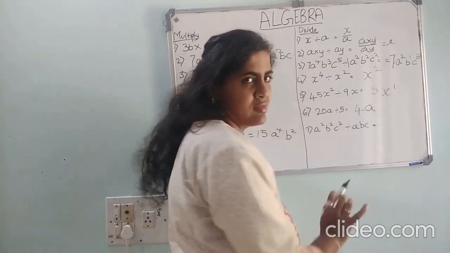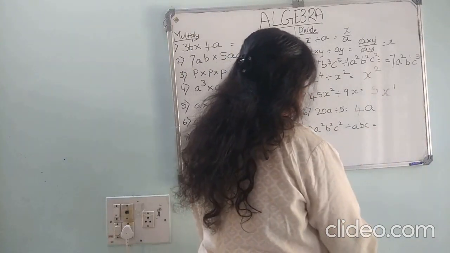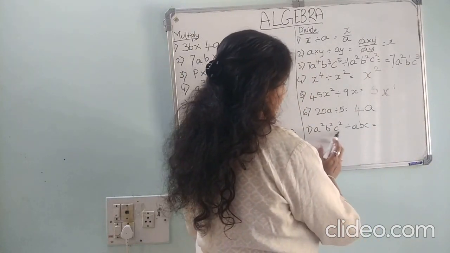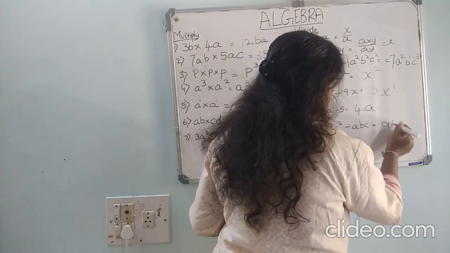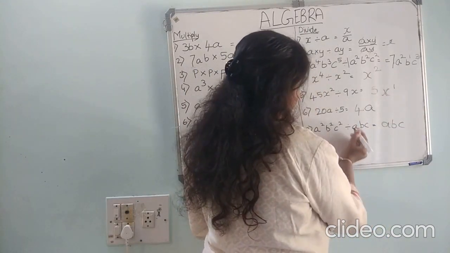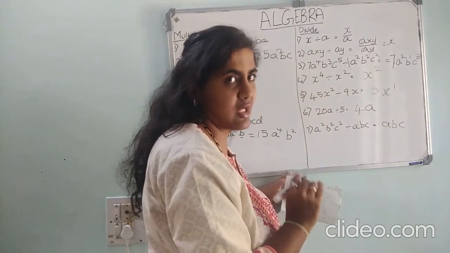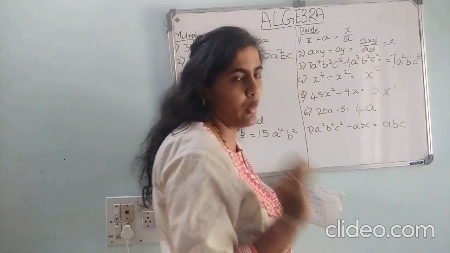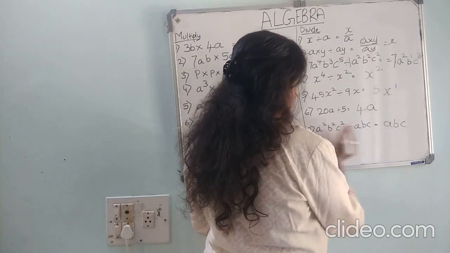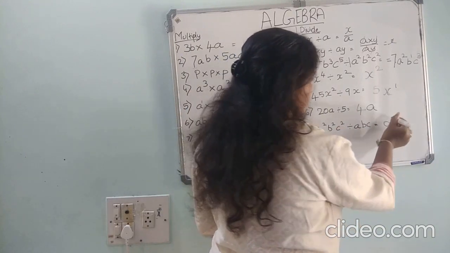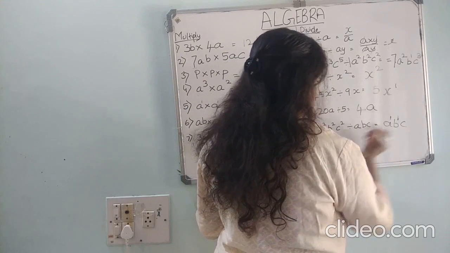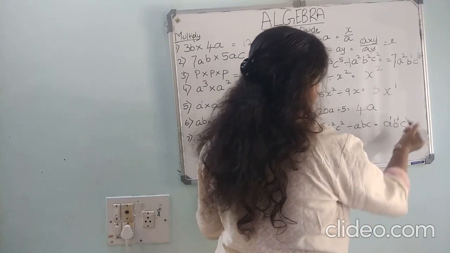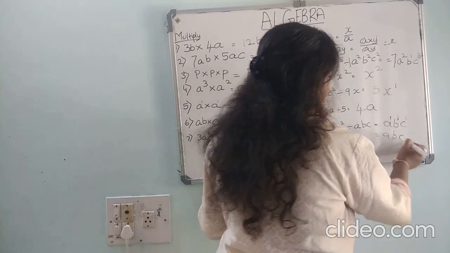Here A square, b square, c square divided by abc. When there is no power, we consider the power to be 1. So 2 minus 1 is 1, again 1, again 1. So it is nothing but ABC.